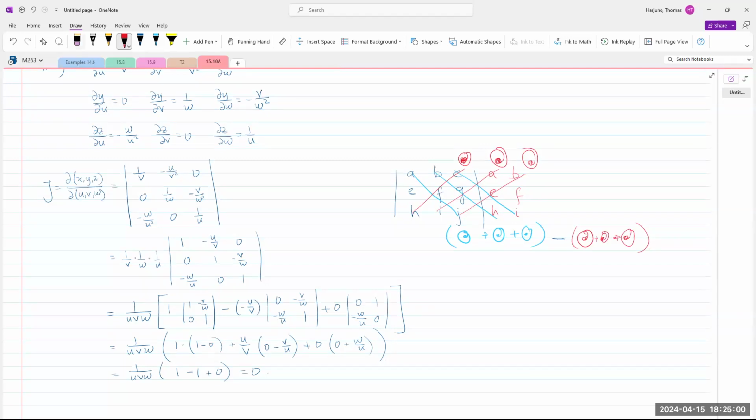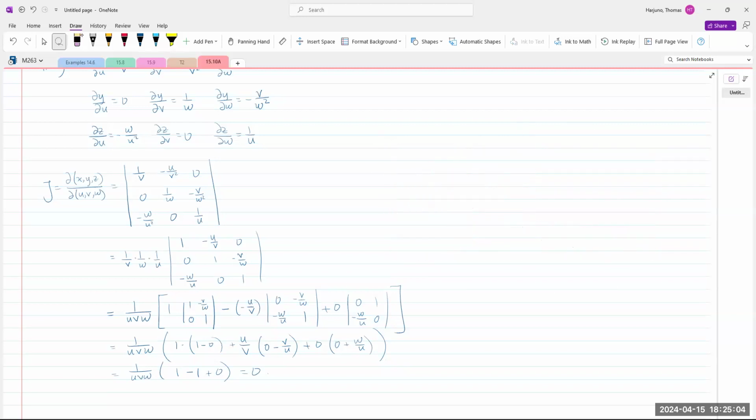If I use that method to compute this determinant, notice that the result is supposed to be 0, at least according to my first computation. So I copy: 1, negative u over phi, 0; 0, 1, negative phi over w; negative w over u, 0, 1.